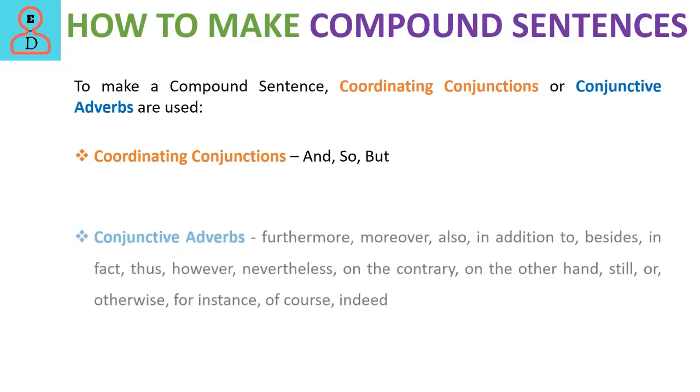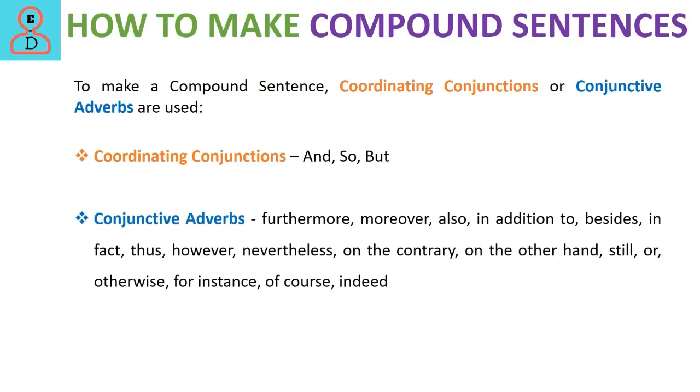The most commonly used conjunctive adverbs are furthermore, moreover, also, in addition to, besides, in fact, thus, however, nevertheless, on the contrary, on the other hand, still, or, otherwise, for instance, of course, indeed.